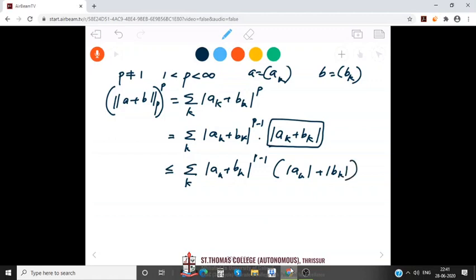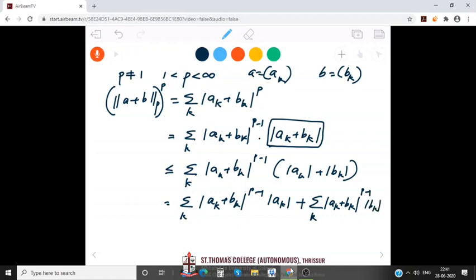Now I can split this summation into two summations: summation over K absolute value of AK plus BK to the power P minus 1 times absolute value of AK, plus summation over K absolute value of AK plus BK to the power P minus 1 times absolute value of BK.